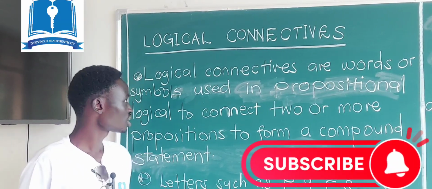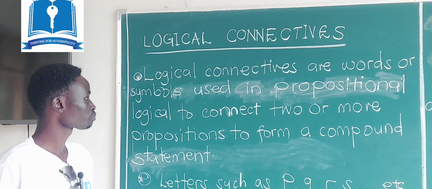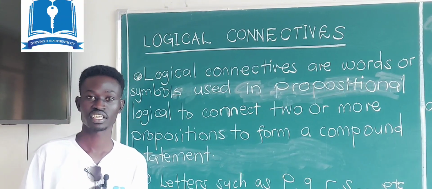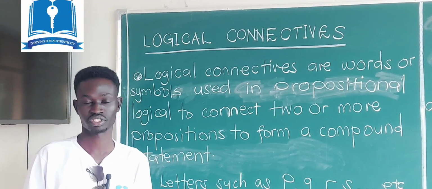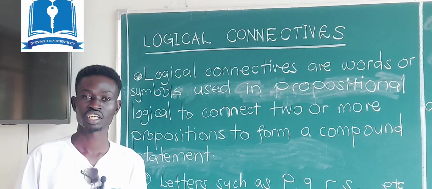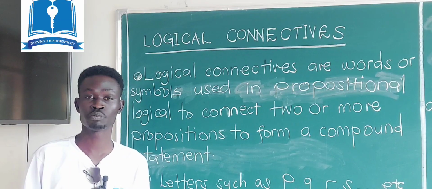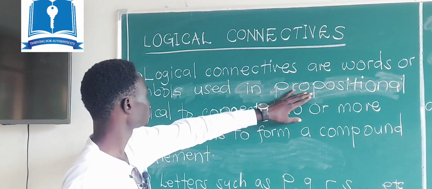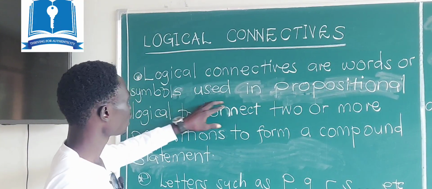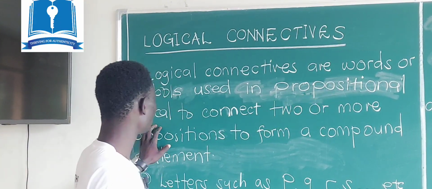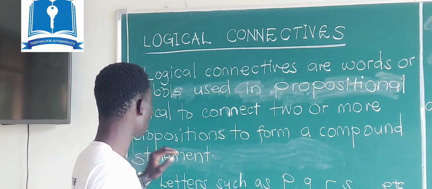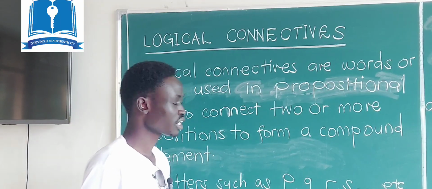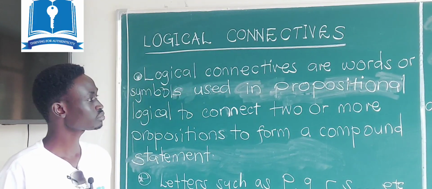Now the definition: logical connectives can be words or symbols that we use to connect two or more propositions in propositional logic to form a compound statement. This is the first class in freshman. When we use this in propositional logic, we can combine two or more propositions to form a compound statement.